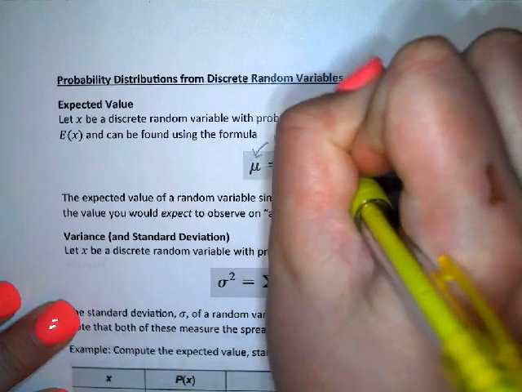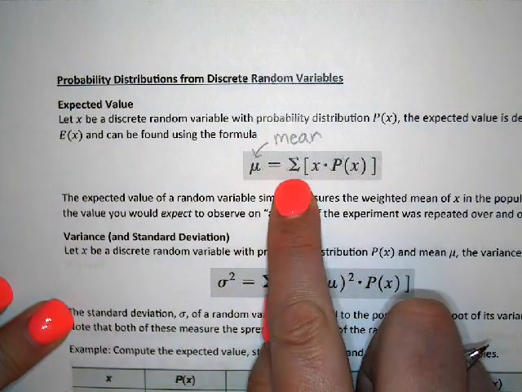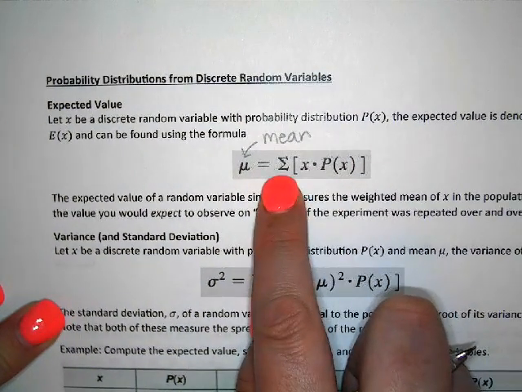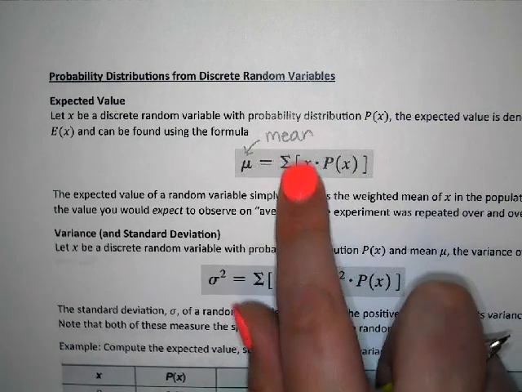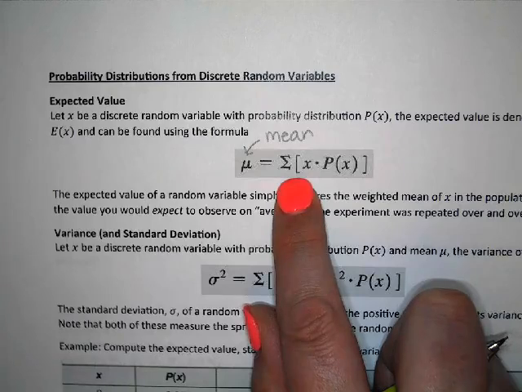So what they're asking us to do is find the sum of all of the pieces of data, which is what we did with the mean, right? We would take the sum of all the pieces of data, and normally we would divide it by the number of pieces of data that we had.